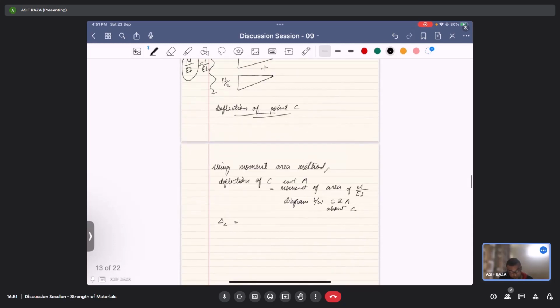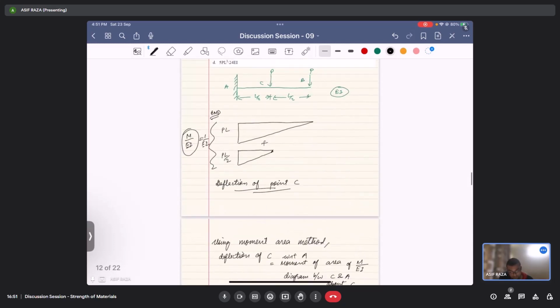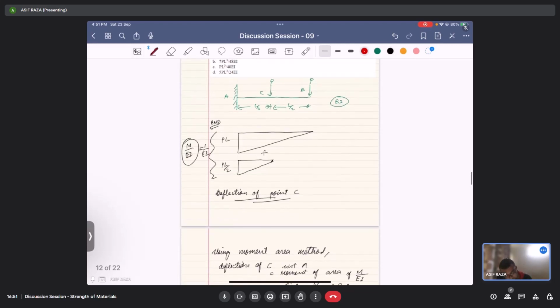So first thing, between C and A, this can be divided into two parts. This would be PL by 2, and this would be PL by 2, because here the value is PL by 2.